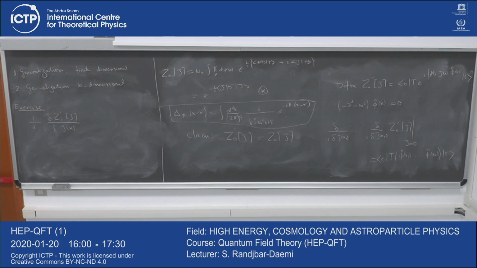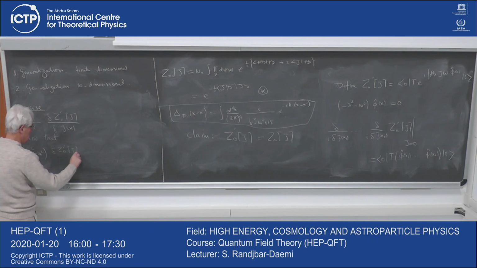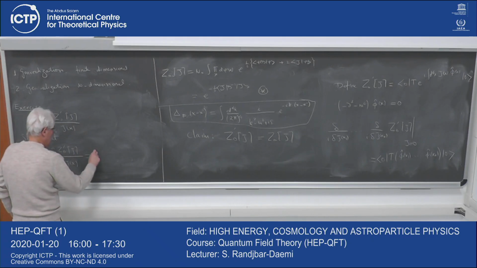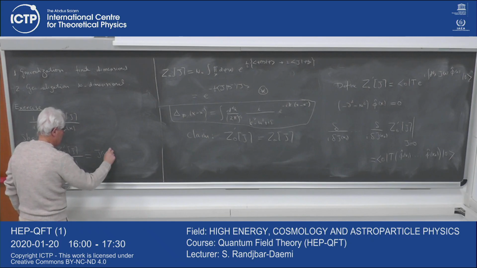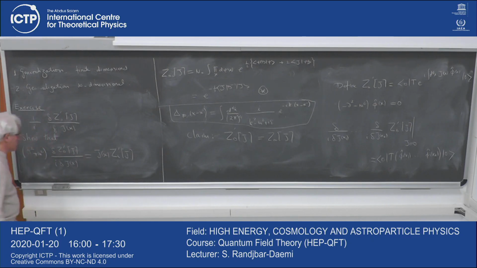Then show that this functional satisfies the equation with J of x times Z prime 0 of J on the right-hand side.